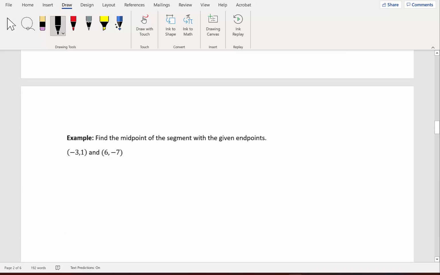Okay, so first example, find the midpoint of the segment with the given endpoints. So we have x sub 1 plus x sub 2, so I have negative 3 plus 6, and I'm going to divide that by 2. And then I have to add my y coordinates, so I have y sub 1 plus y sub 2. And I go ahead and divide that by 2. Now simplify.